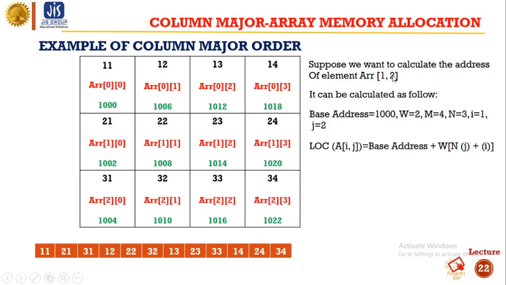The formula is location of aij equals base address plus w times (n times j plus i). If we put the values here, the address of location [1][2] is 1014. As you can see, in row major and column major, totally different addresses are given.